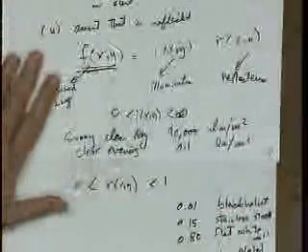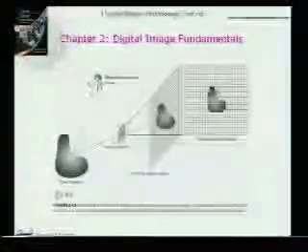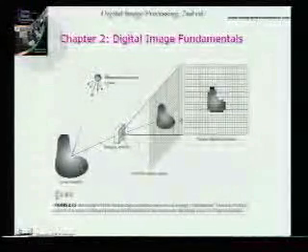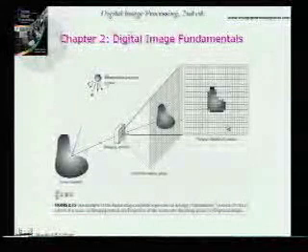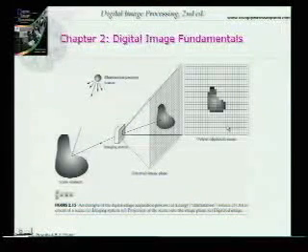So it's this function f of x comma y that, in this picture, if you can switch back to the PC, you're collecting. If the light hits the object, it reflects some of it, and what you're collecting here is really just f of x comma y, quantized in both the space domain and the amplitude domain.